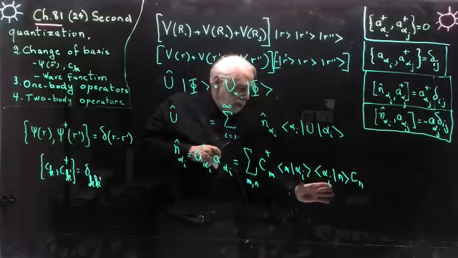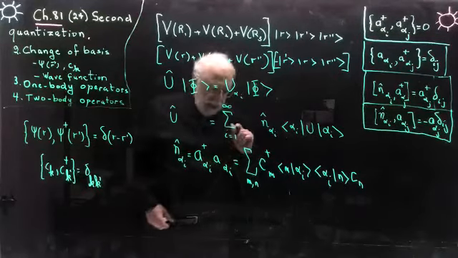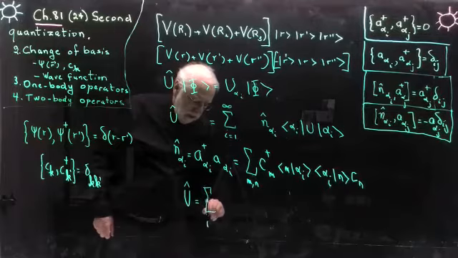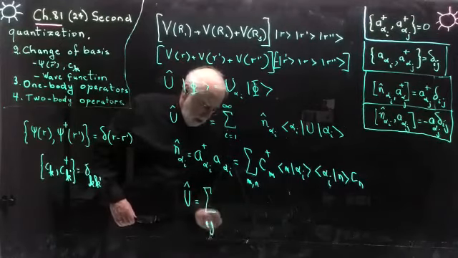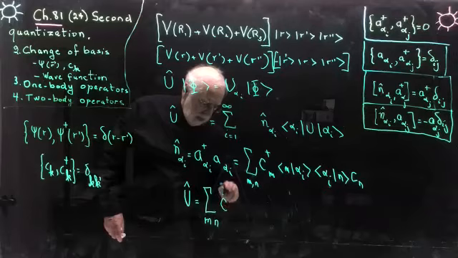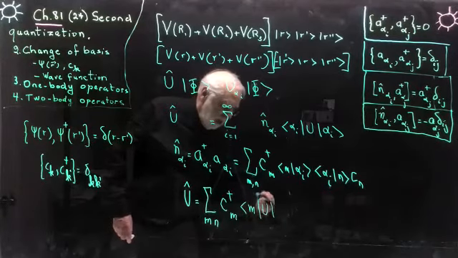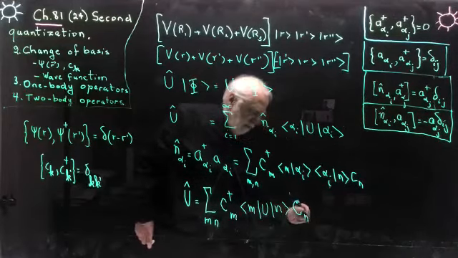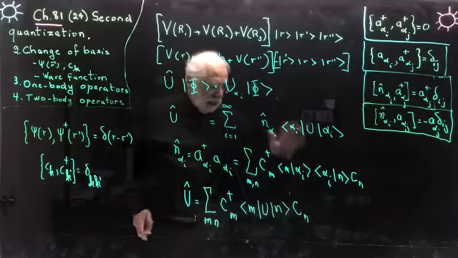Okay, so when I substitute this here, I will change basis for the U. So what will be left is that U in this new basis will be equal to the sum over m, n of C dagger m, m, U, n, where these are matrix elements computed in first quantization, times the Cn. So you can do this little exercise.